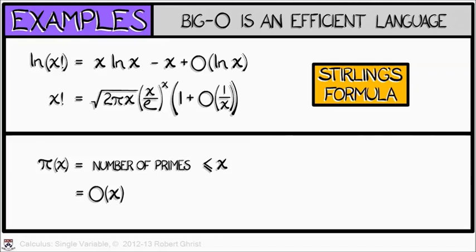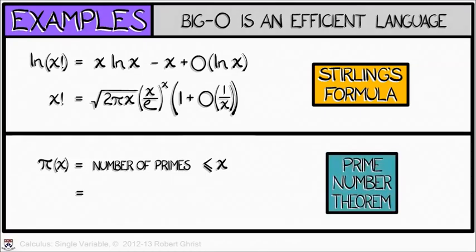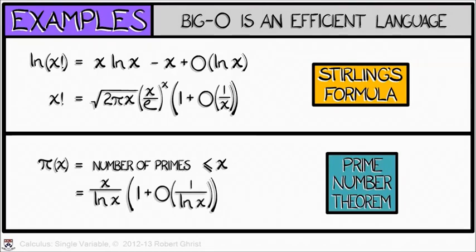Well, of course, there are infinitely many primes, but we'd like to know a bit finer information. What kind of density do the prime numbers have within the natural numbers? Well, we can use the language of big O to state the prime number theorem, which says that pi of x is to leading order x over log of x.